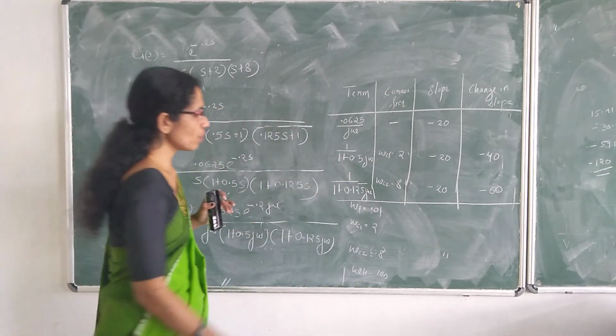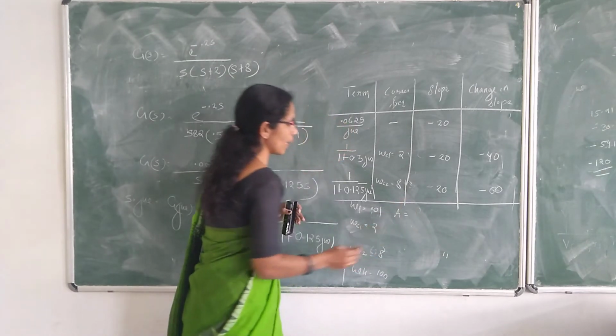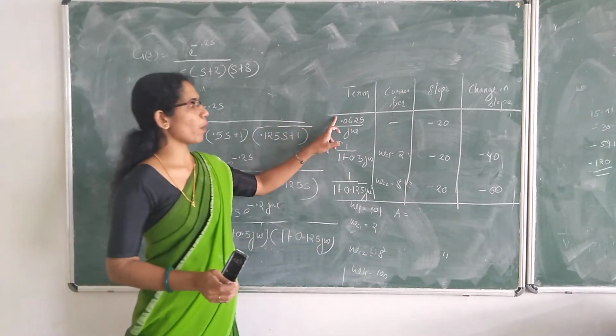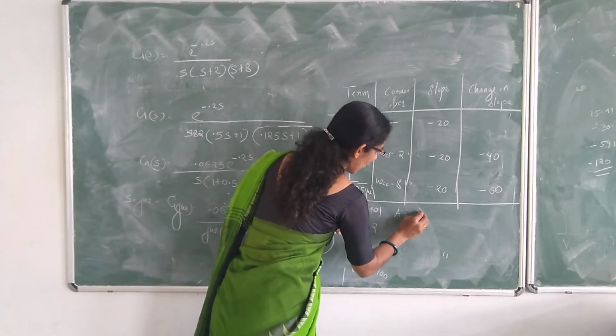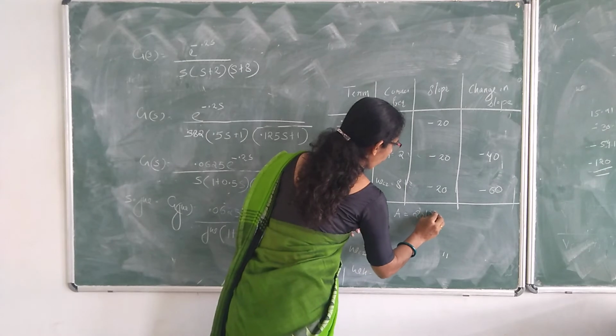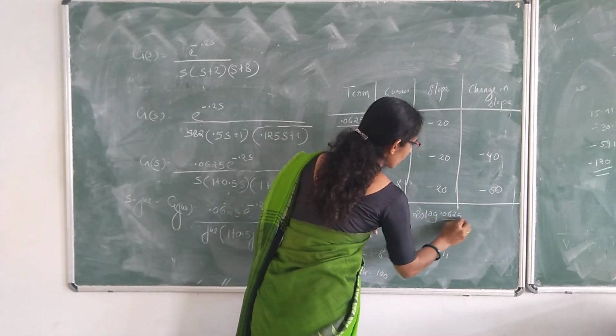Okay. So for the magnitude of g of j omega, the first term is 0.0625 by j omega, and we take 20 log of 0.0625 by omega.